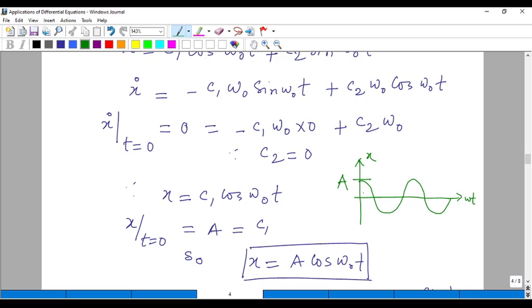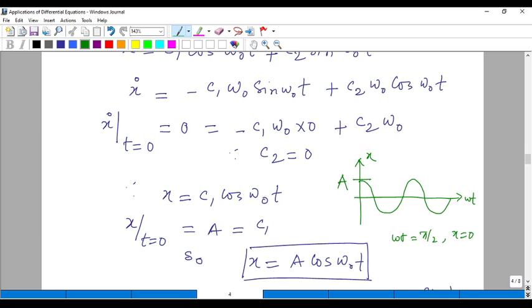So you see that maximum displacement occurs at omega t equal to 0, that is at t equal to 0. When omega t is equal to pi by 2, then you see x equal to 0.